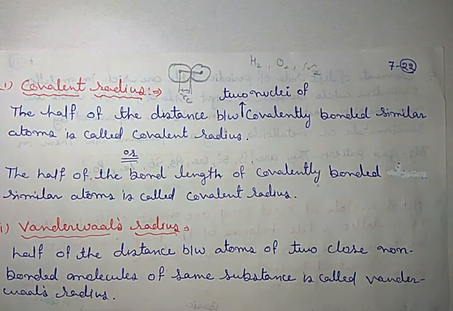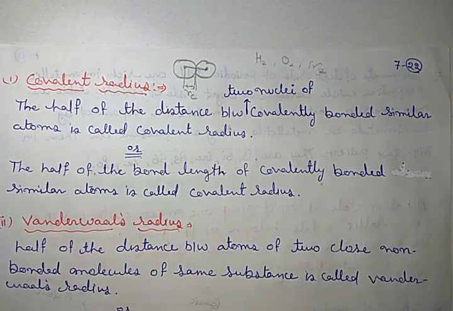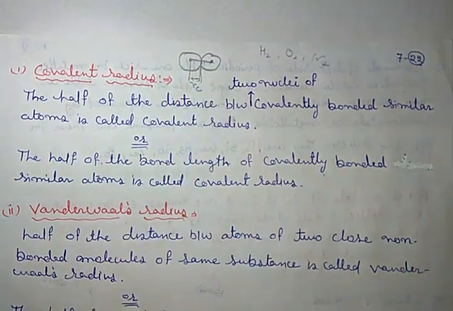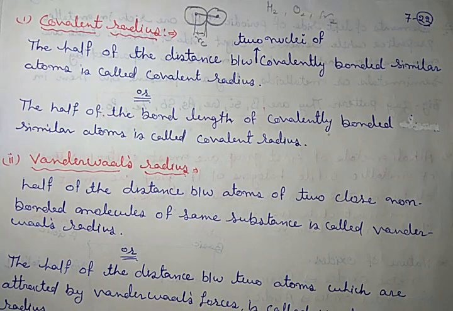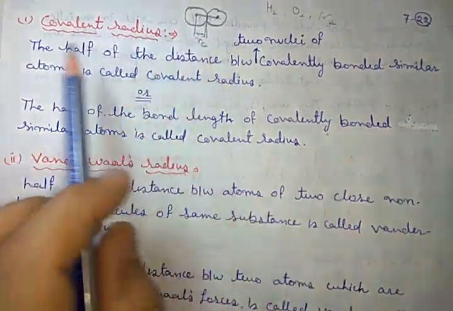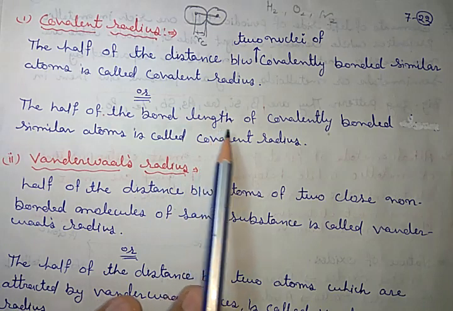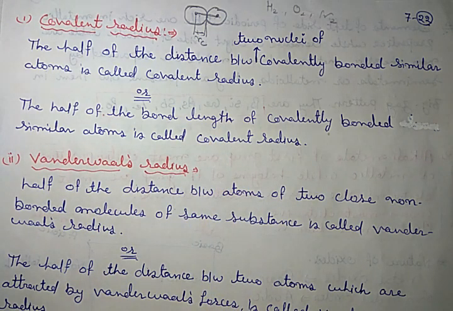Got it? I'm again repeating: half of the distance between two nuclei of covalently bonded similar atoms is called covalent radius. Clear? The distance between the two covalently bonded nuclei is called bond length. So its half is also equal to the covalent radius. So we can say that half of the bond length of covalently bonded similar atoms is called covalent radius.